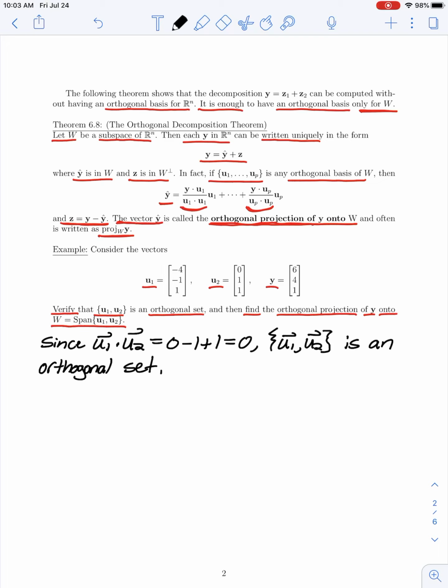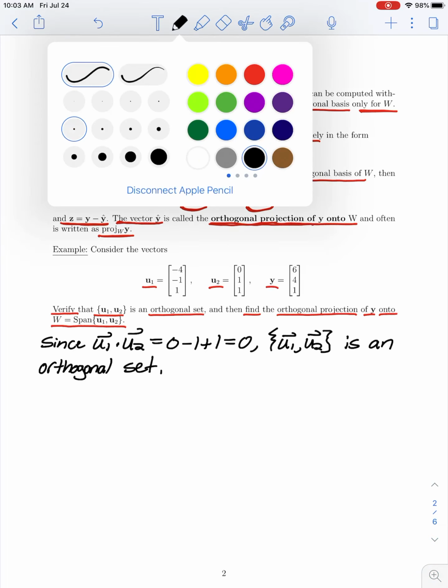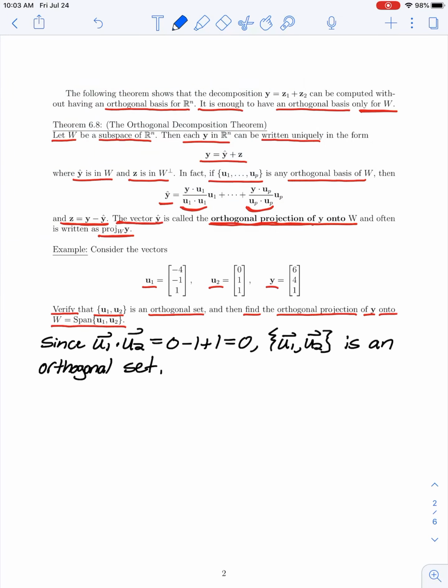Now, in order to find the orthogonal projection of y onto W, we're going to make use of the orthogonal decomposition theorem. So here we need to compute the dot product of our vector y with each of the orthogonal basis vectors, as well as the dot product of these basis vectors with themselves.